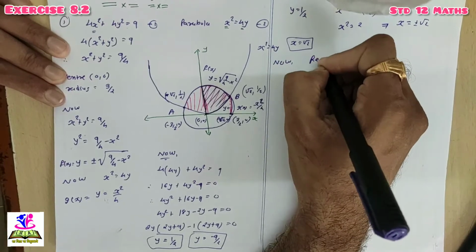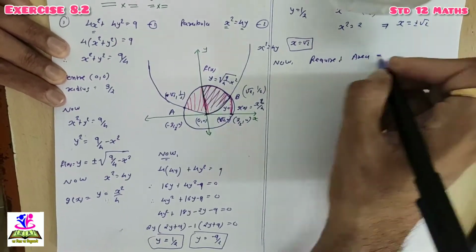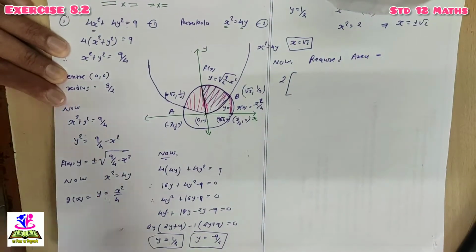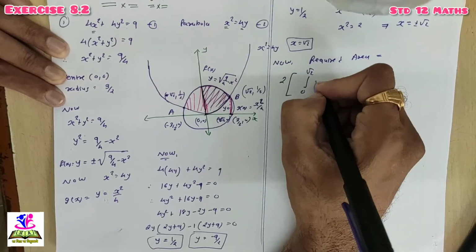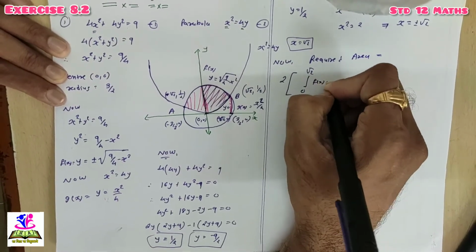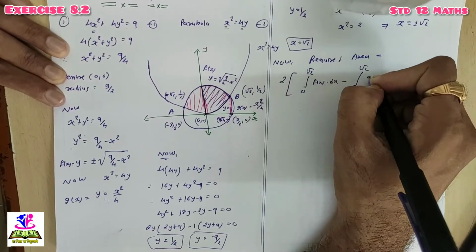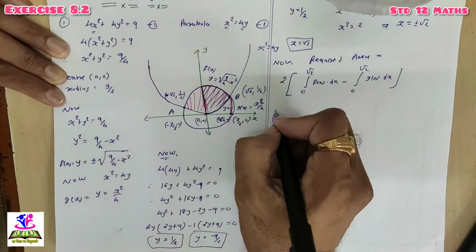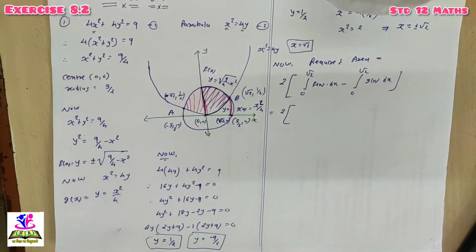Required area is nothing but twice the integration of 0 to root 2 f of x dx minus 0 to root 2 g of x dx. Done. So this is equal to twice, what is our f of x?